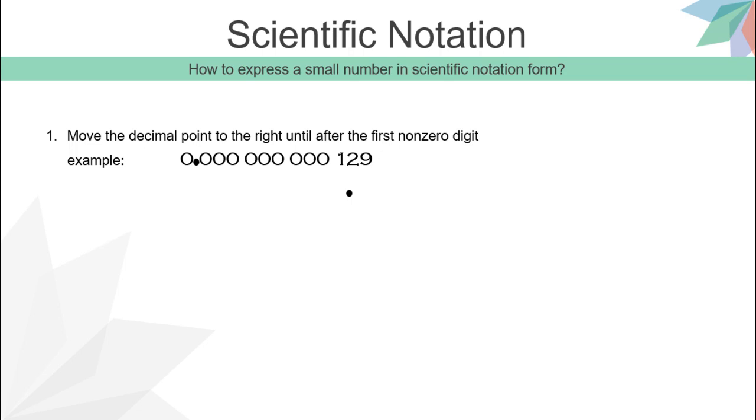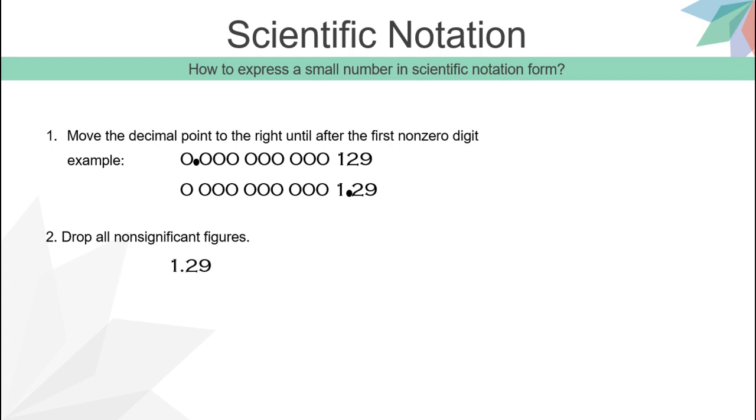When you move the decimal point to the right, you will no longer pass the zero before it. So, move it right after the first non-zero digit, meaning not 0 but 1. Right after that, put the point. Then drop all non-significant figures, the same. So, what's left is 1.29.